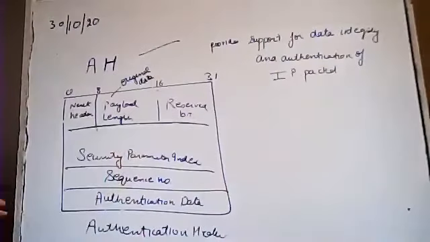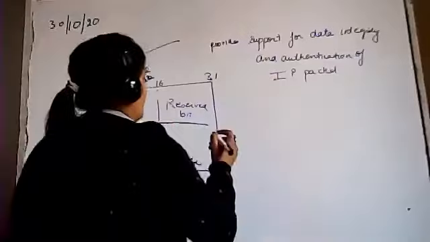Next is your security parameter index. This SPI we have already discussed in the security association part. We have a total of 32 bits for the security parameter index, and it will identify the security association.